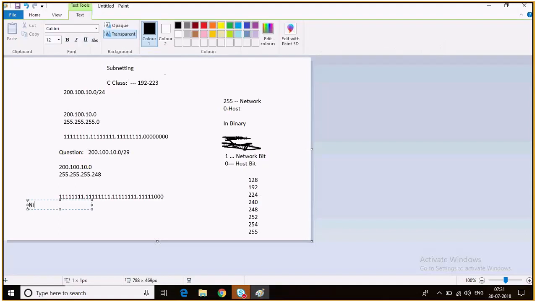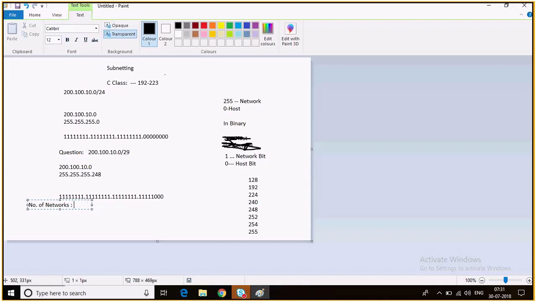The first question is how many network addresses will there be, or the number of networks that will be formed if I use this subnet. When I'm using slash 29, obviously I've divided this network into smaller networks, right?